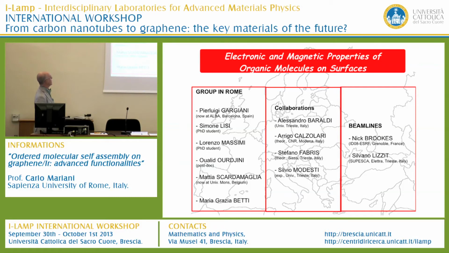But I would also thank the people who are continuing the work concerning graphene and molecular assembly and polymerization, Lorenzo Massimi and Walid Urgini, and of course Maria Grazia Betti, my main collaborator, and the theoreticians in Trieste and in Modena, Enrico Calzolari and Stefano Fabris, Silvio Modesti for the STM experiment, Baraldi and Litzit for the experiment at the Superesca beamline in Trieste, and Nick Brooks for the work at the ESRF on circular magnetic dichroism.